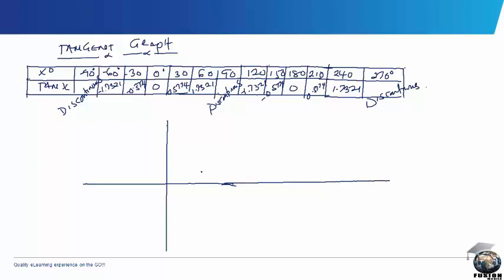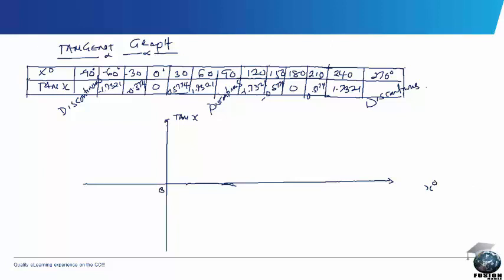So this is our origin. This is where you have tan x on the y-axis. The tan of x values will be fitted here, and this is where you have your x-axis for fitting the degrees as x in degrees.